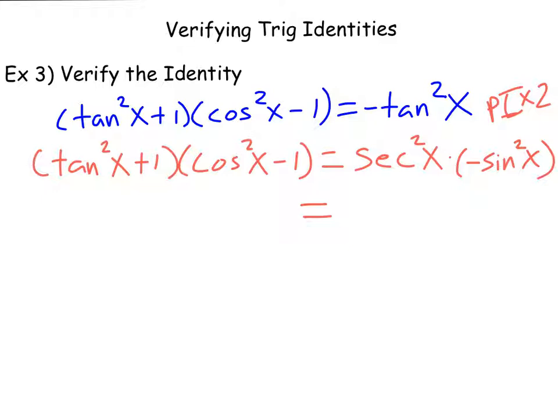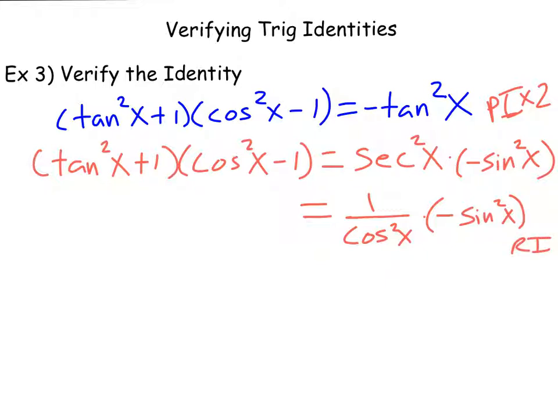We've got squared terms, and all of this should be headed towards negative tangent squared. Negative sine squared is not. I could go right back to cosine squared minus 1, but that seems silly. Secant, I could go to a reciprocal. Still multiplying by negative sine squared.